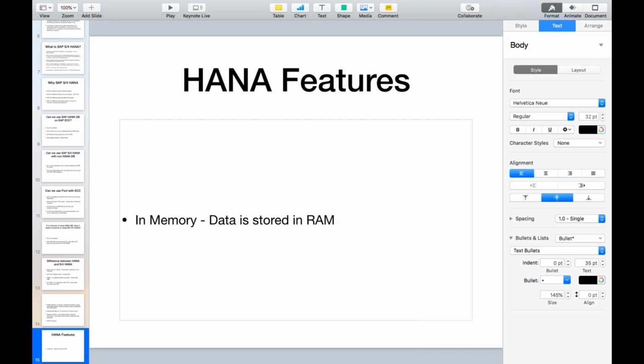Oracle was storing all this 1 TB of data in the hard disk. If I move to SAP HANA, how much RAM do I need? Can you tell me how much RAM would be required to store the data?